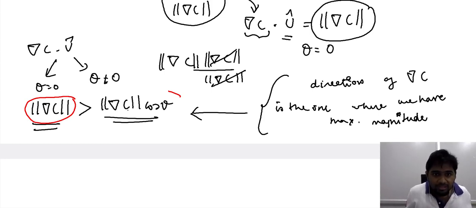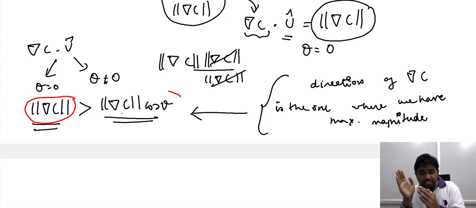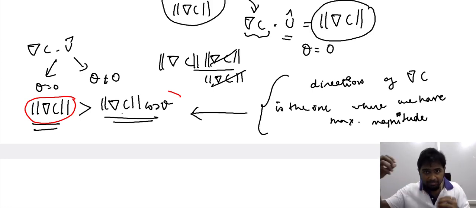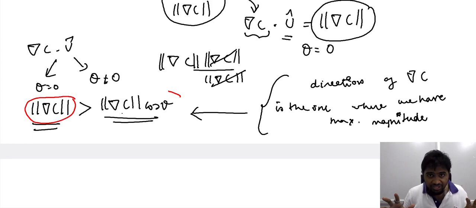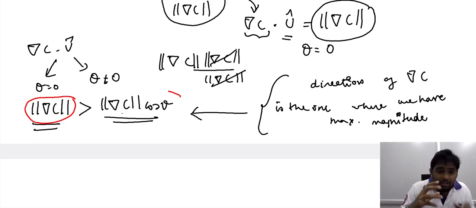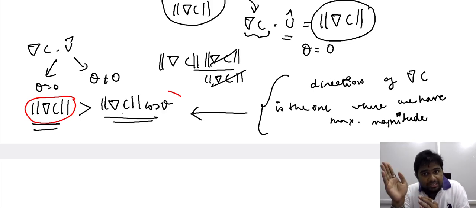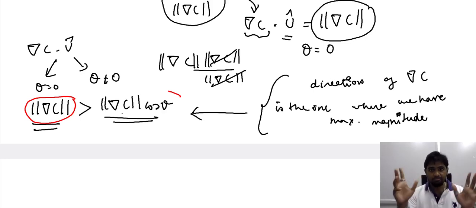If not, the magnitude of the gradient c is minimized. Therefore, the direction of the unit vector coincides with the direction of the gradient c when the magnitude is maximum. So from that we can state that the vector gradient c is pointing in the direction of maximum magnitude.